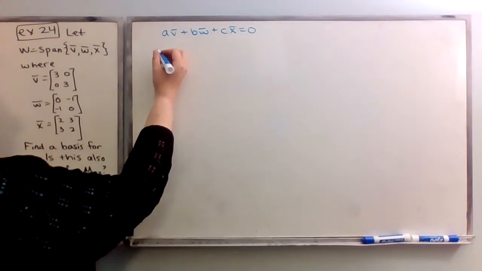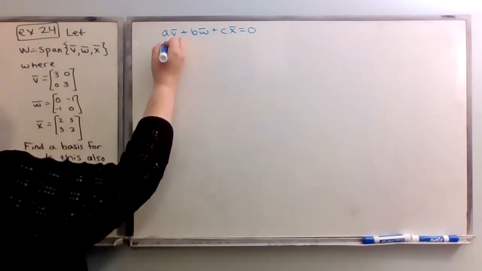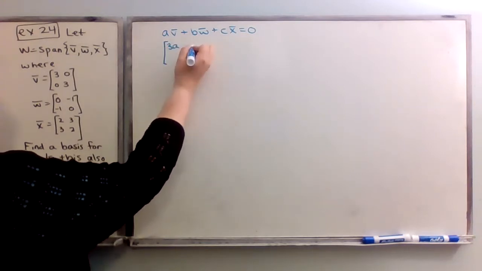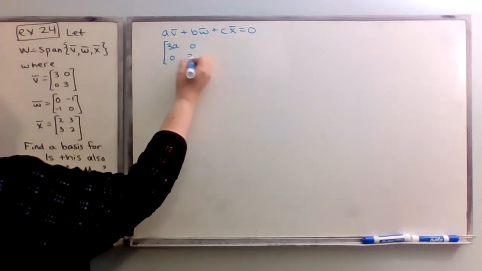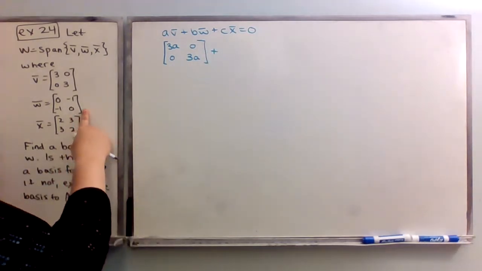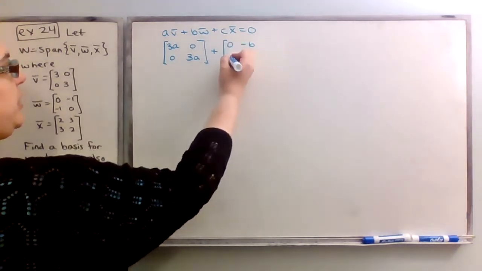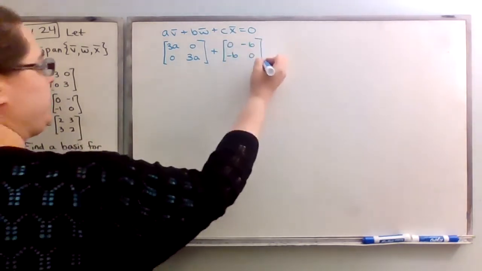So I'm just going to multiply all at once here. Everything in here gets multiplied by a, so we get 3a, 0, 0, 3a. Plus everything in here gets multiplied by b, because that's W, so we get 0, minus b, minus b, 0.